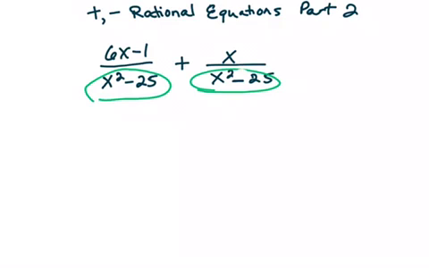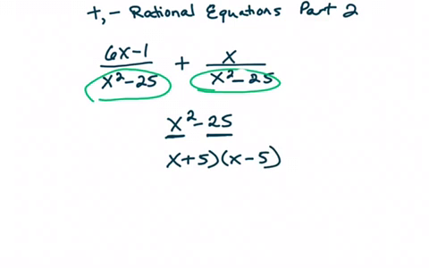When I factor x squared minus 25, I will notice that it's a difference of squares. That's a square number and that's a square number. So I'm going to get x plus 5 times x minus 5. I can just recall it like that.